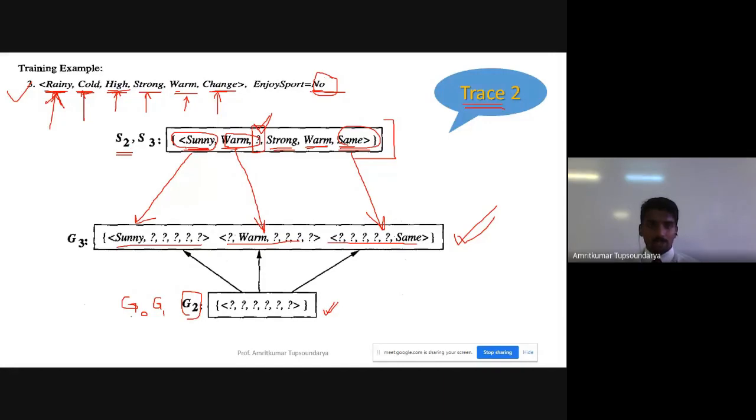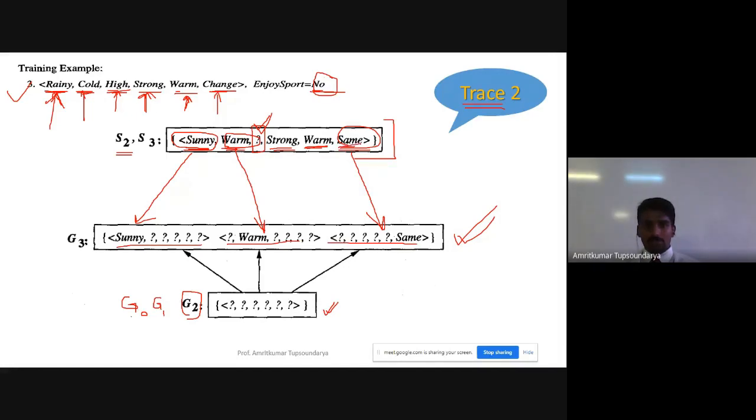So sunny was created with a new training example, warm with a new training example, but since there is a question mark here, we don't create a new hypothesis. The fourth attribute value is strong, which is the same as this negative training example. Again, warm, which is again the same as this negative training example. So there is no change.